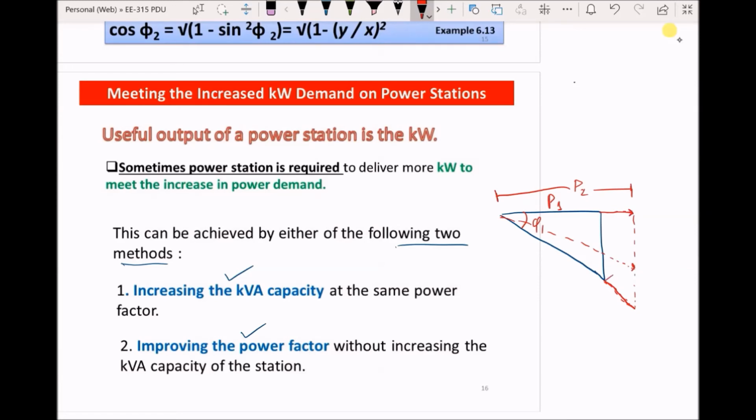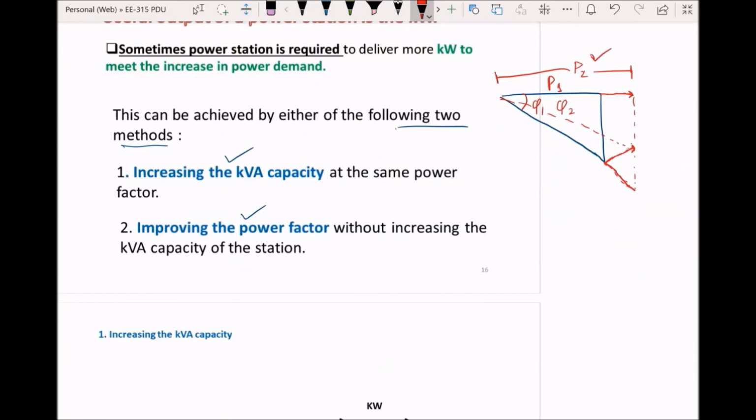So this portion is going to be the extension when the cos phi is improved to phi 2. So there are two ways to meet this load. I'm going to explain it in a better way in the next slide.